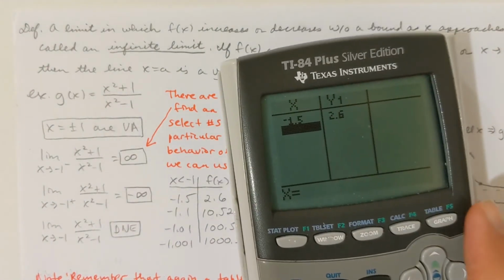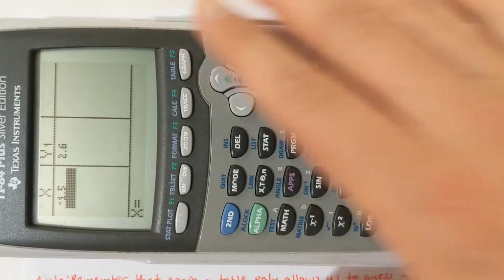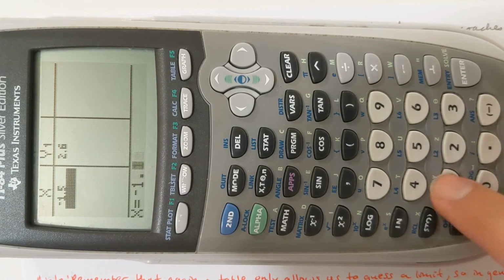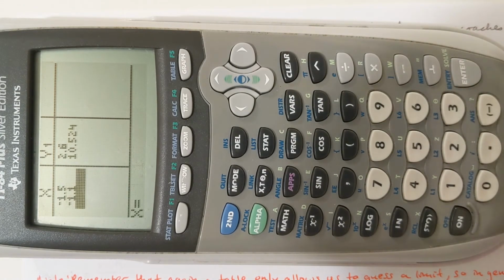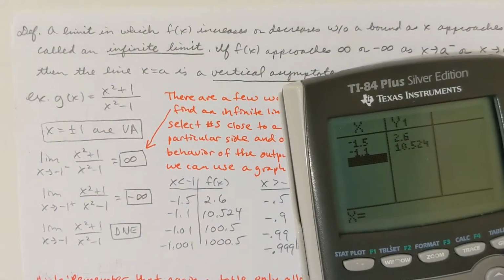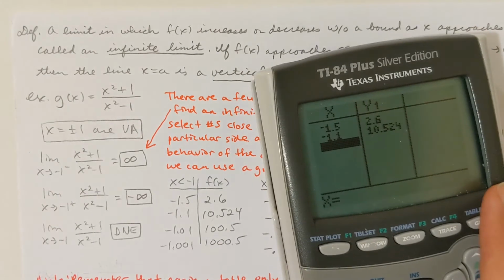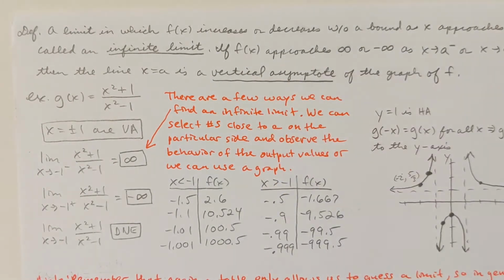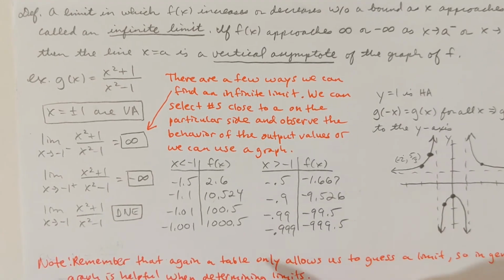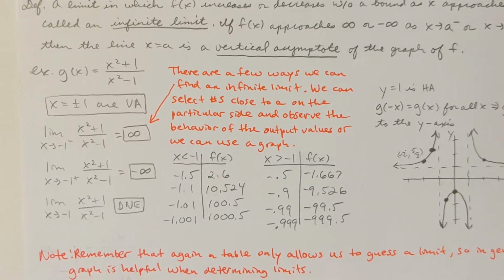So what if I were to let x be negative 1.1? Okay, I'm going to get closer to negative 1 on the left. I'm getting 10.525. Okay, and I can plug in some other numbers there. Now notice that the output values are getting very large. They're also positive, so I would conclude that infinity would be the value of that limit.